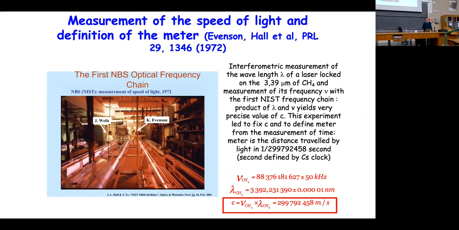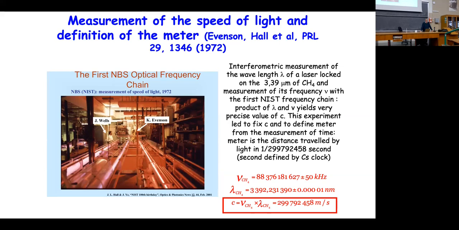And this 9-digit precision is just limited by the interferometric measurement. And in fact, the krypton lamp cannot give a better precision for lambda because of the Doppler effect in the krypton lamp. So when this measurement was achieved, it was the ultimate measurement of the velocity of light because the standard of length could not be known better.